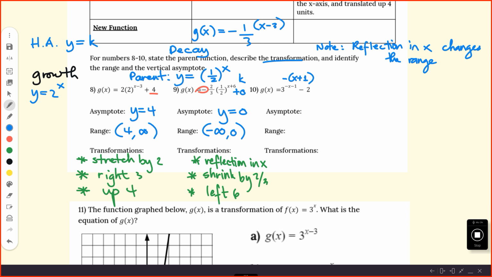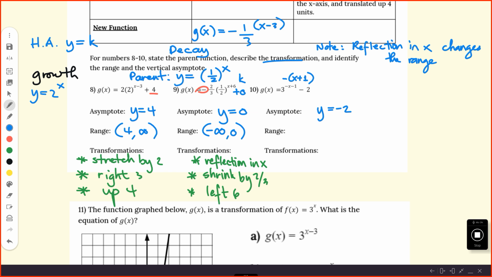Okay? Now, what is your asymptote for this function? Y equals negative 2. Now, what is the range of this function? It's a matter of choosing between negative infinity to negative 2 or negative 2 to infinity.